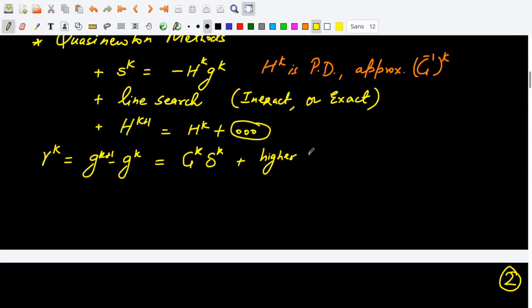And this comes from the Taylor series expansion of the gradient. If my function is quadratic, then these higher order terms are 0.